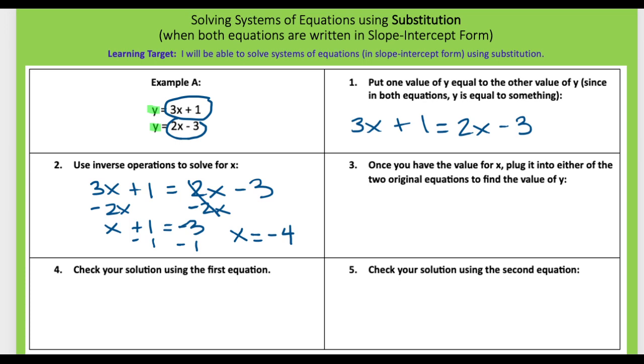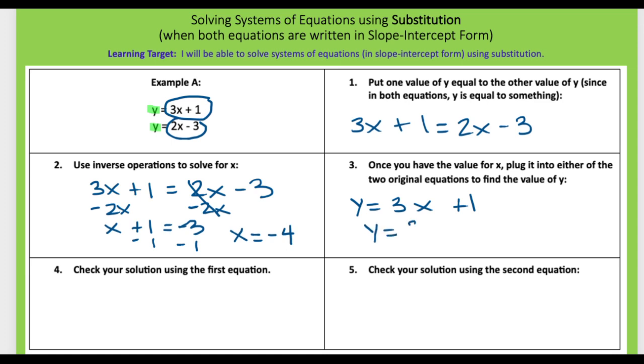Step 3 says once you have the value for x, plug it into either of the two original equations to find the value of y. And it doesn't matter which one you choose. I'm going to go ahead and just choose the first one, y equals 3x plus 1. Since I found the value of x, I'm going to plug that in.